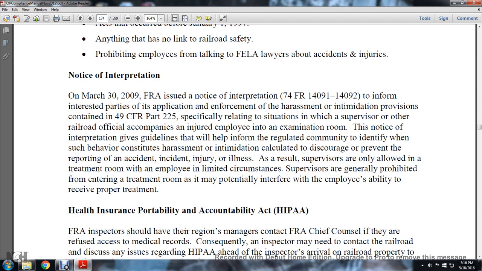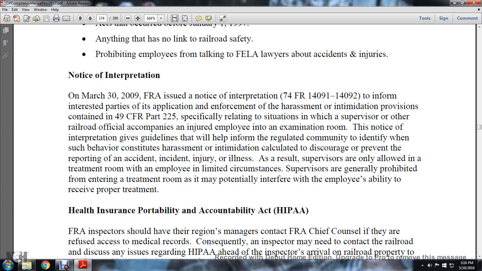Notice of Interpretation. On March 30th, 2009, the FRA issued the Notice of Interpretation at 74 FR 14092 and informed interested parties of the application and enforcement of the harassment and intimidation provisions contained in Title 49 CFR Part 225, specifically relating to situations in which a supervisor or other company official accompanies injured employees into the examination room.